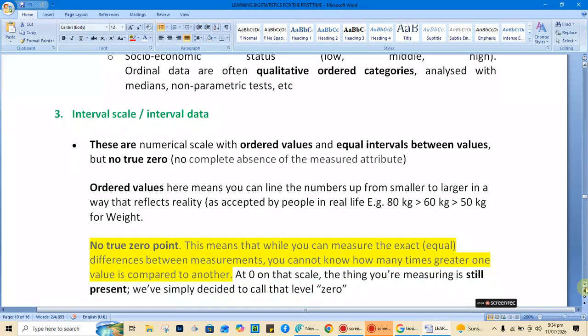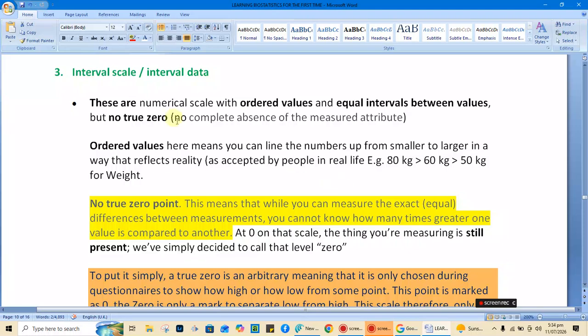And here on interval scales now, this is where you put the exact order. This is exactly as ordinal scales, except here you know the range, the interval. That's why it's called interval. You know the differences between values. So these are numerical scales with ordered values and equal intervals between them. The interval between them is equal.